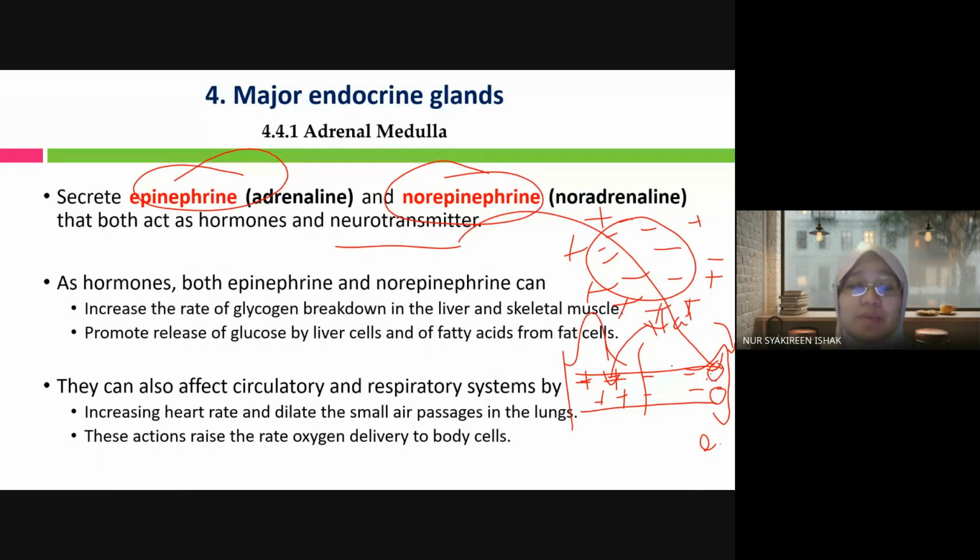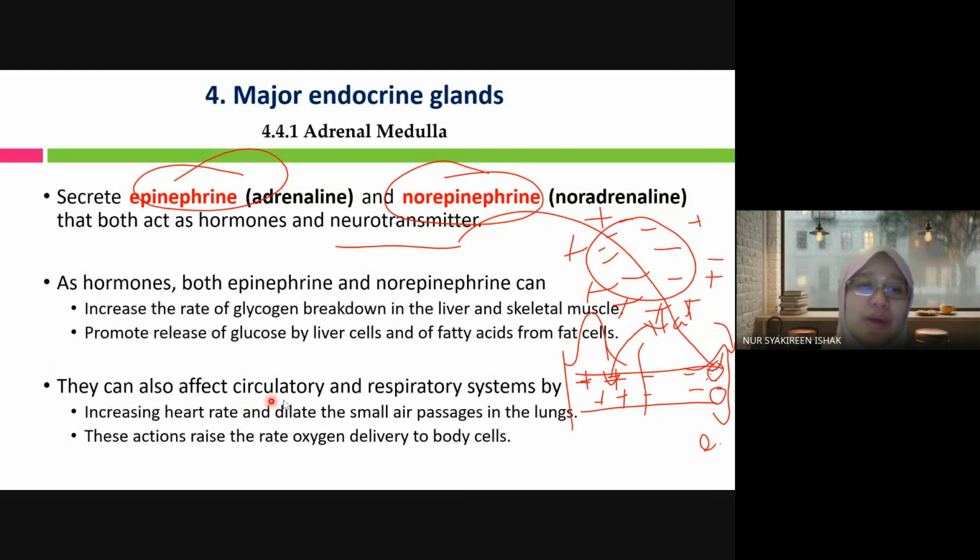That is neurotransmitter. And then as hormones, both epinephrine and norepinephrine can increase the rate of glycogen breakdown in the liver and skeletal muscle and promote release of glucose by liver cells and also fatty acid from fat cells.